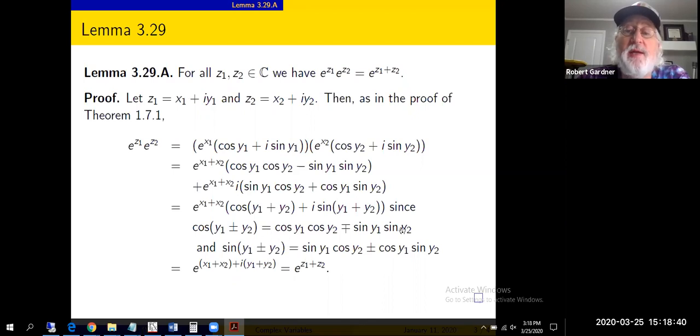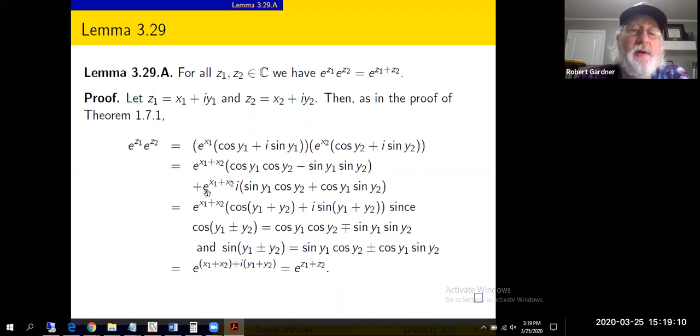I stated those summation formulas right here because I don't always remember them myself. Sure enough, the real piece, with the negative, corresponds to the cosine of y1 plus y2. The imaginary piece, sine cosine plus cosine sine, corresponds to the sine of y1 plus y2. So the bulk of the work is really done by trigonometry.